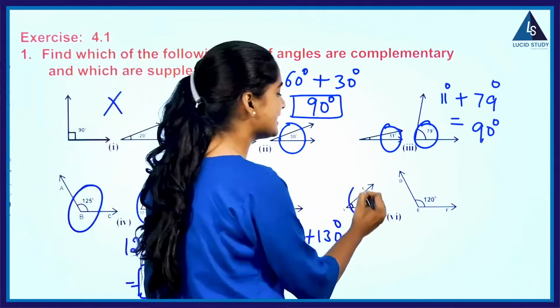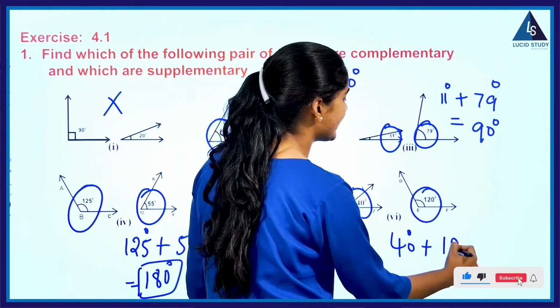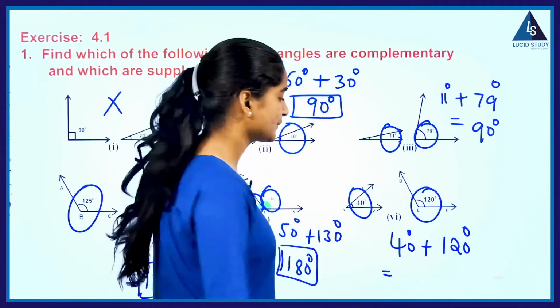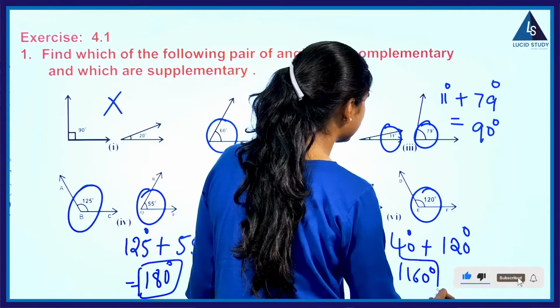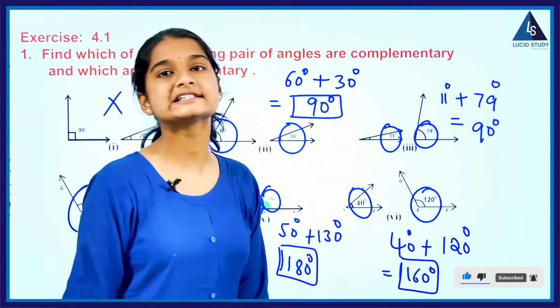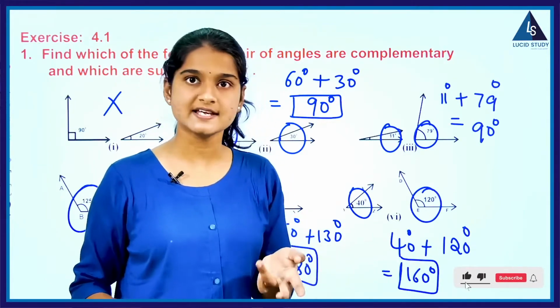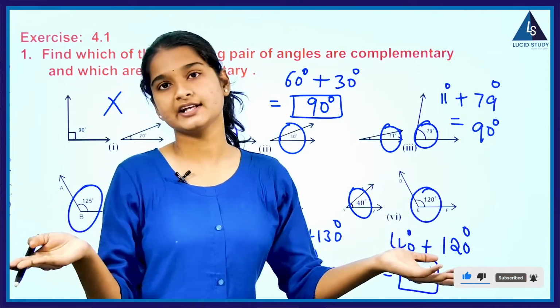Next, first angle is 40 degrees. Second angle is 120 degrees. So, what is 40 plus 120? 160. So, the sum of these two angles is 160 degrees. As it is 160 degrees, it is not complementary, it is not supplementary also.